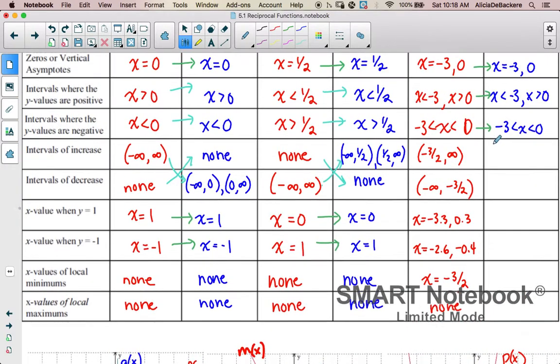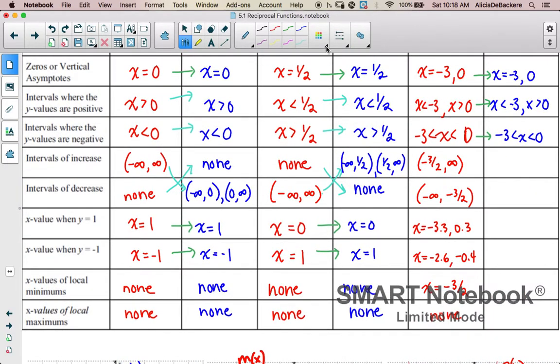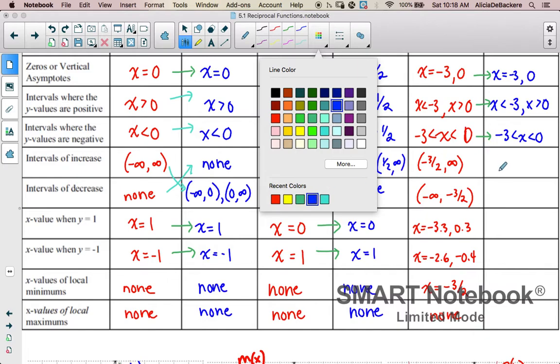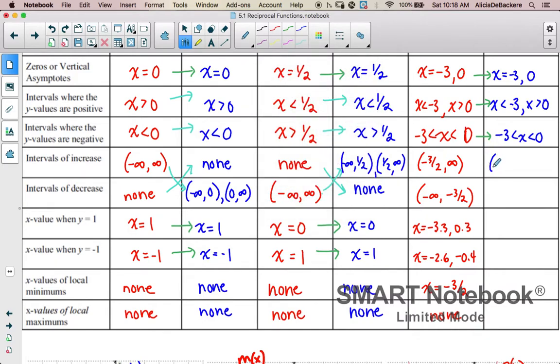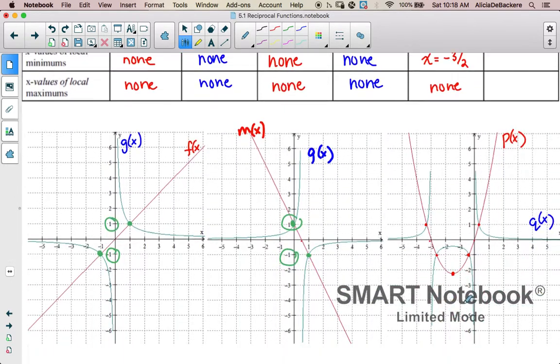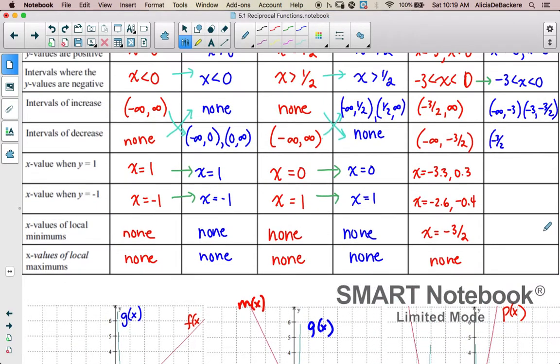So my intervals of increase are from -infinity, and I have to pause at that -3 asymptote, and then after that asymptote, it's still increasing until -3/2. After that, at -3/2, I start to decrease, and I'm decreasing until I get to 0, and then I hop over that 0 asymptote, and I'm still decreasing.